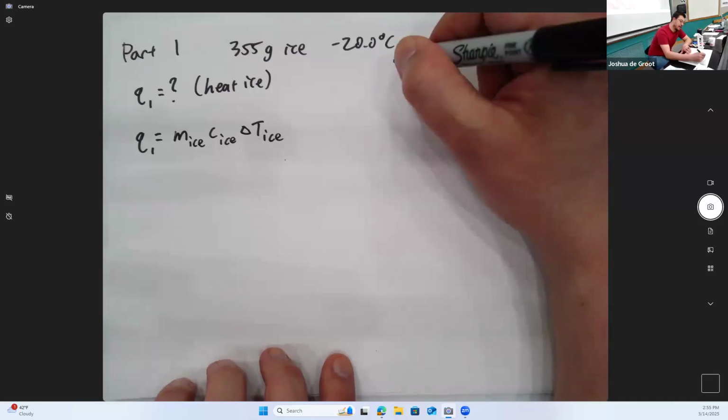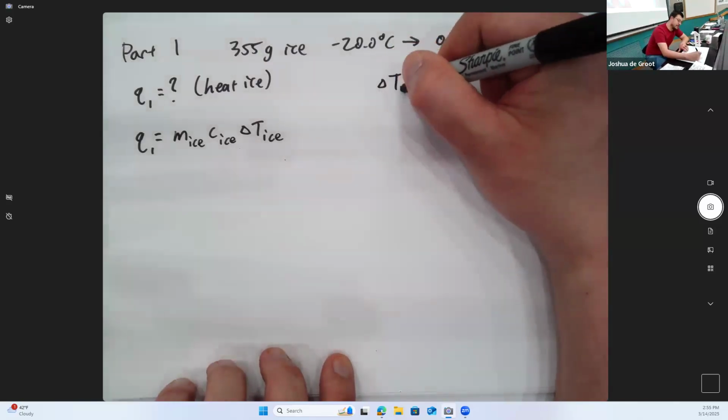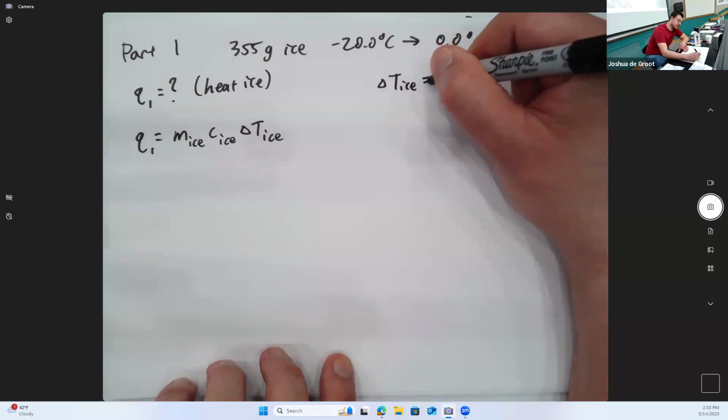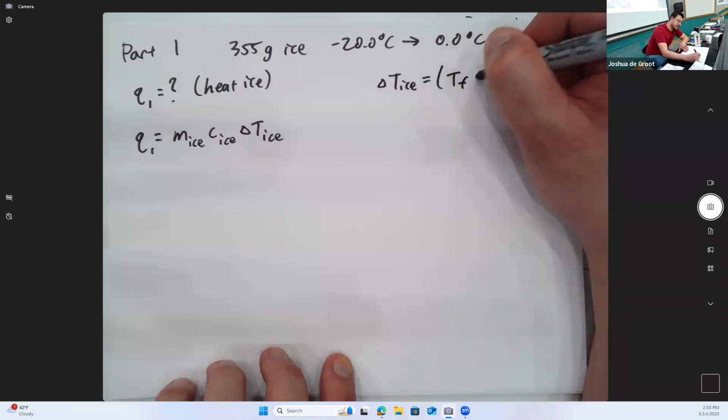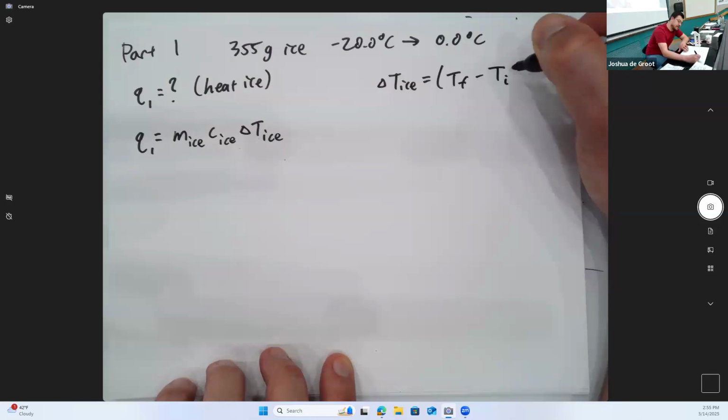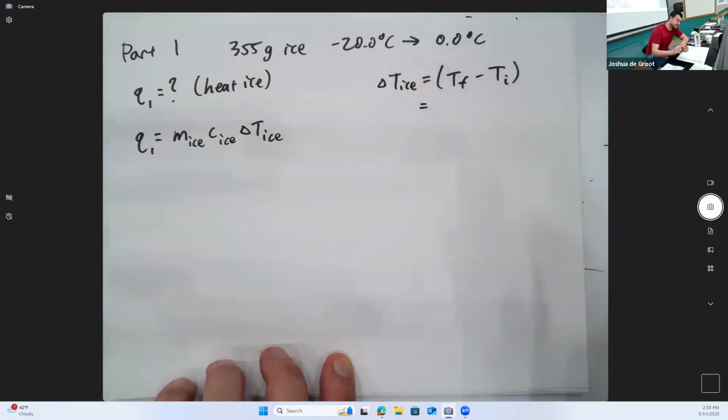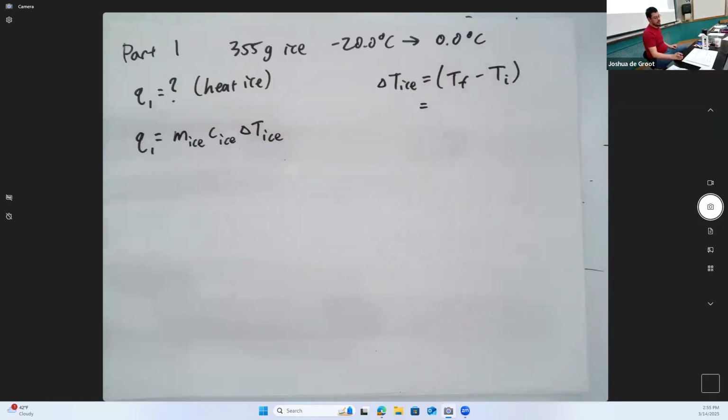I like to do my delta T separately before I do my plug and chug. So we have to do T final minus T initial. Go ahead and calculate that delta T and make sure you're really paying attention to final minus initial.